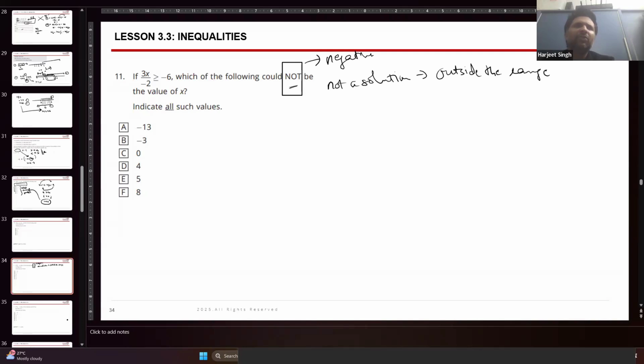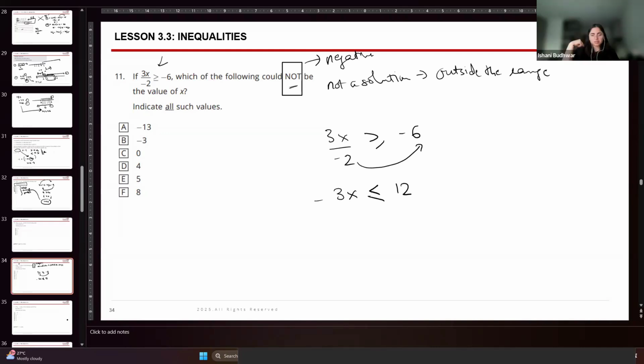Okay, so can we solve this, please? 5 and 8. So 3x divided by minus 2 greater than minus 6. If I want to take minus 2 to the other side, what do I do? You flip the sign. So I multiply by minus 2. Minus 6 becomes 12.